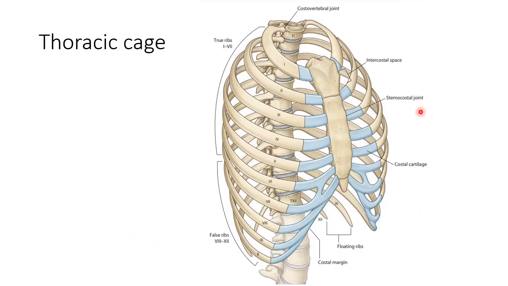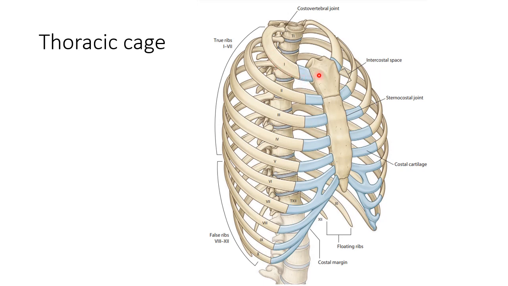The thoracic wall is a musculoskeletal wall that encloses the thoracic cavity, composed of muscles and bones. Anteriorly we have the sternum with 3 parts, to which 12 pairs of ribs are attached, 12 on each side, through the costal cartilages.